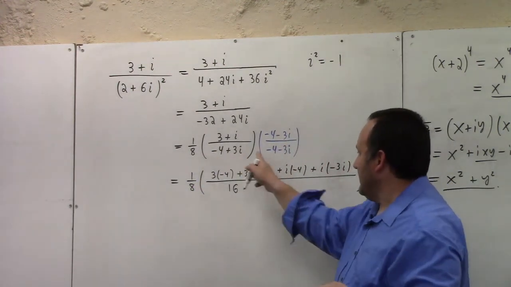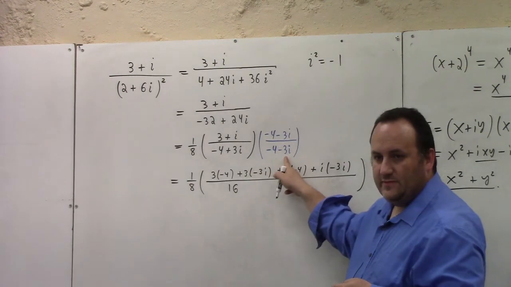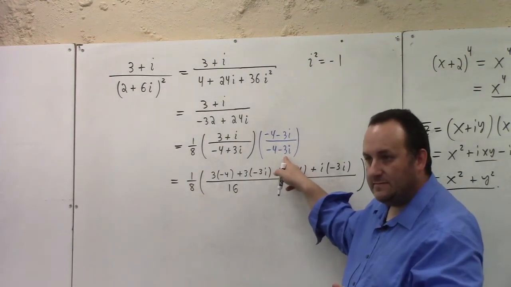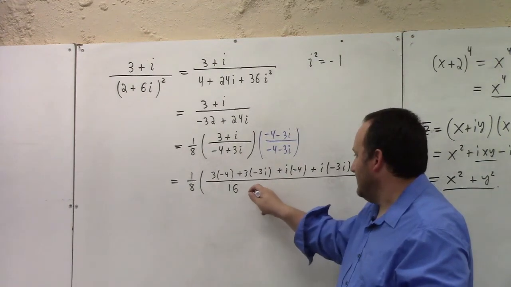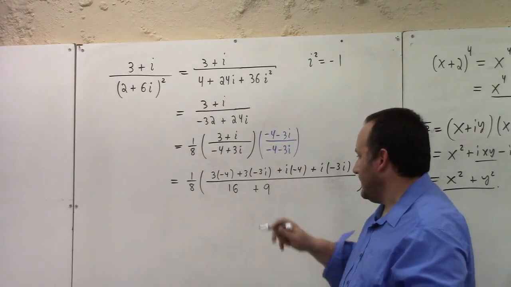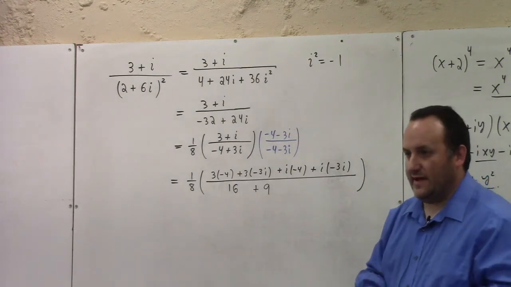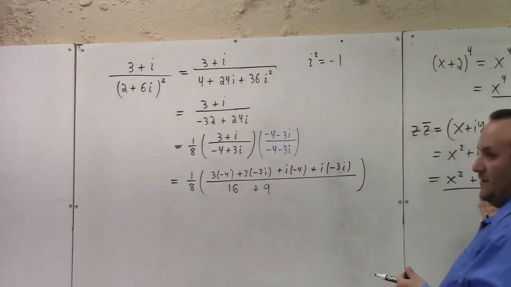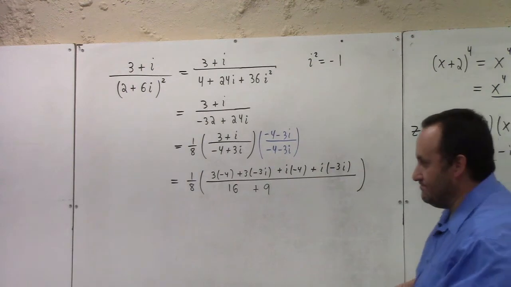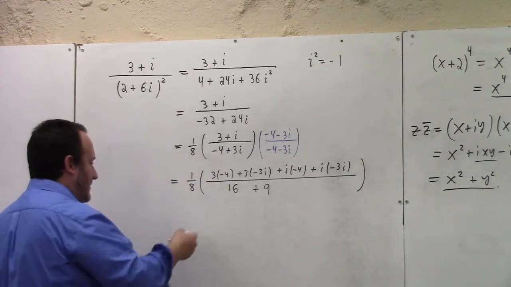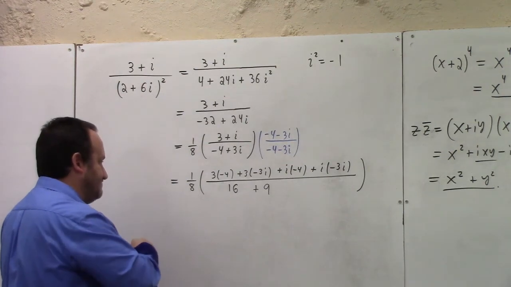And we get 3i times minus 3i, which gives me minus 9i squared, which is plus 9. So I get plus 9. I knew that was going to happen because of this general algebraic idea. And so that's 25. What's 25 times 8?